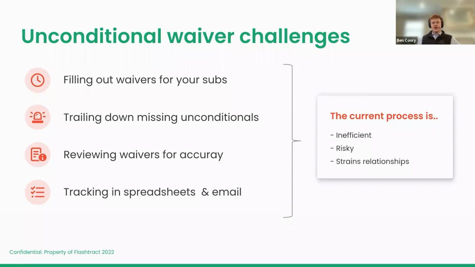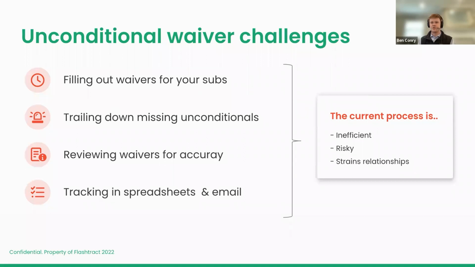Next, general contractors continued to emphasize that one of their biggest challenges was trailing down these unconditional waivers. Each and every month, it was the same challenge. They would send out unconditional waivers to get signed by their subcontractors. A lot of the subcontractors would return them, but a few would be slow to sign and resubmit. And this has big impacts.